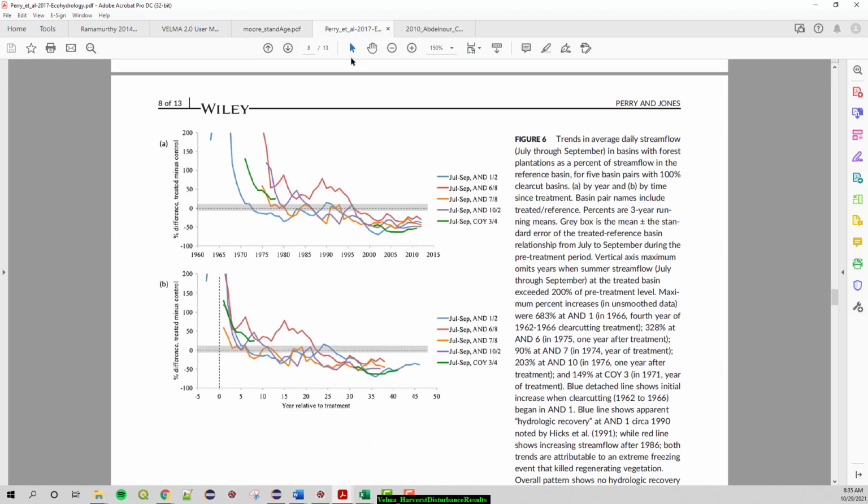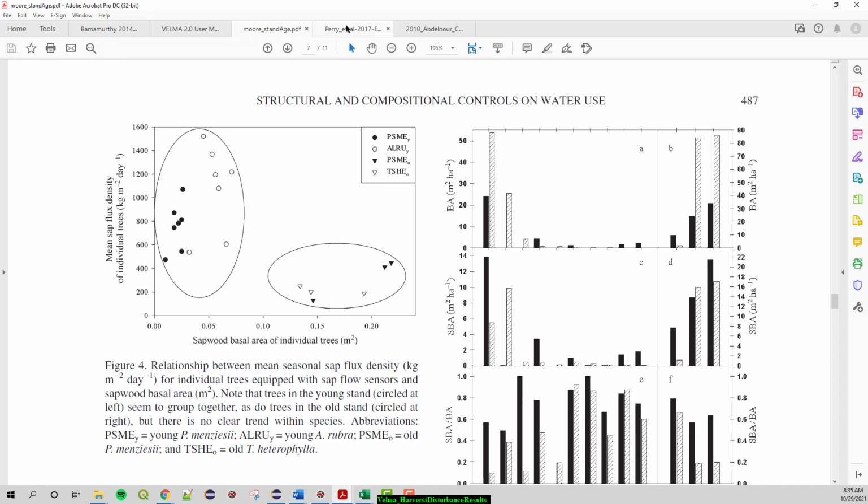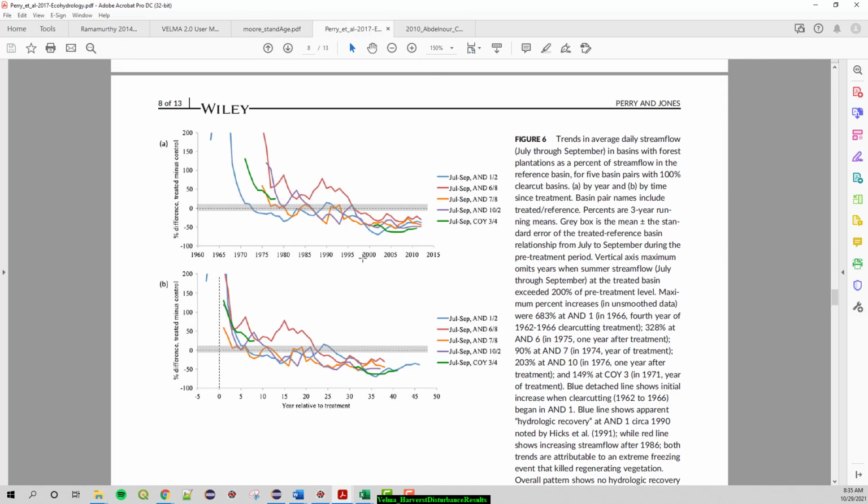This was also seen in this paper by Perry et al., where they compared, actually let me back up. So this is an individual tree level, or even like small stand. Measurements are all per tree. Here in this one, this is focusing on the flow rate over catchment, and they were comparing old growth as the baseline versus clear cut.